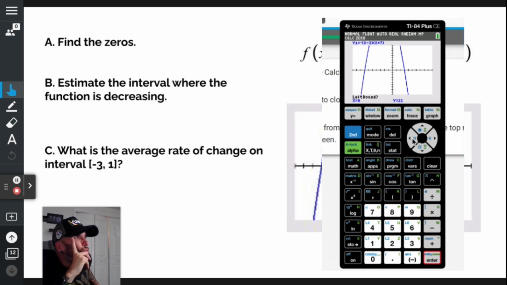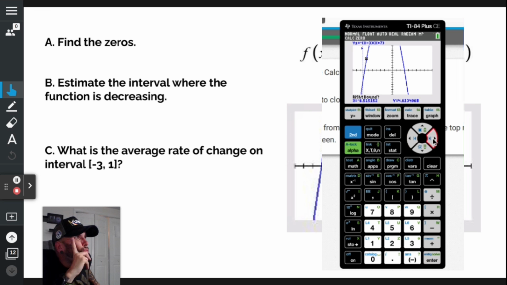Right now my blinking cursor is at x equals 0, so it's way up here where I can't see it. So I'm going to hit left a bunch of times until it goes to the left of my zero. Eventually it'll show up very soon. There you are. So I'm going to go to the left of my zero, hit enter.